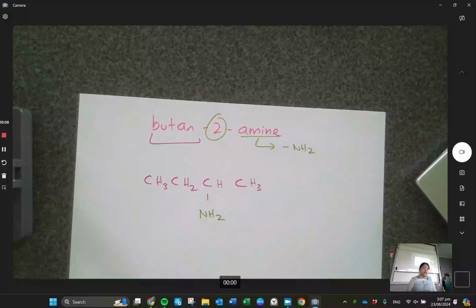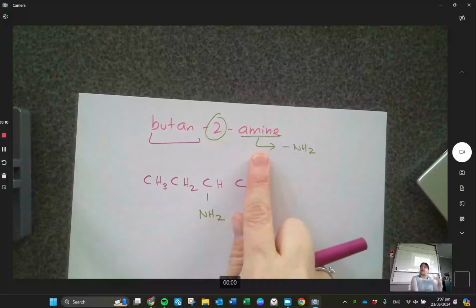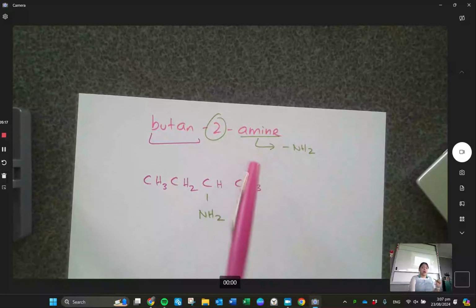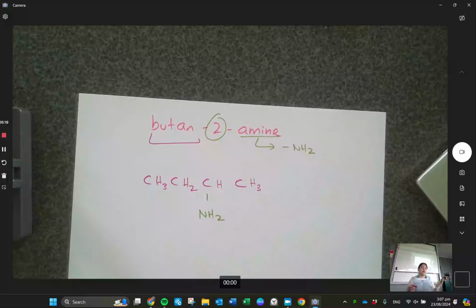So what we're learning is that there's all these different suffixes and prefixes that can tell us what we have functional group-wise. Amines are quite lucky in that they can both be named as a suffix and as a prefix. The other way we can name this is 2-aminobutane.